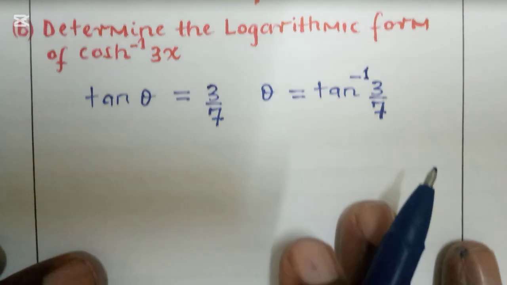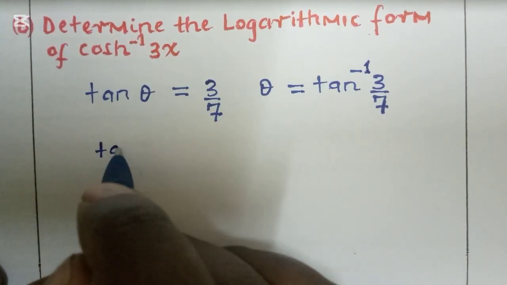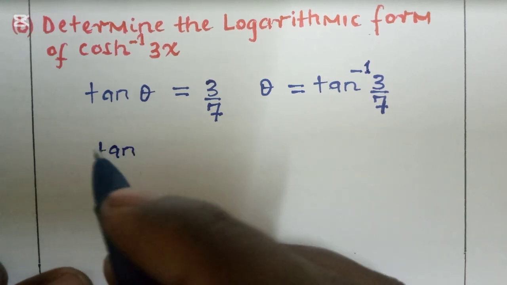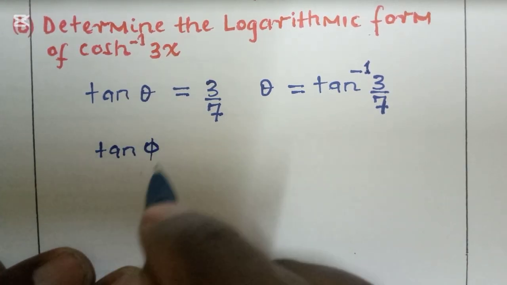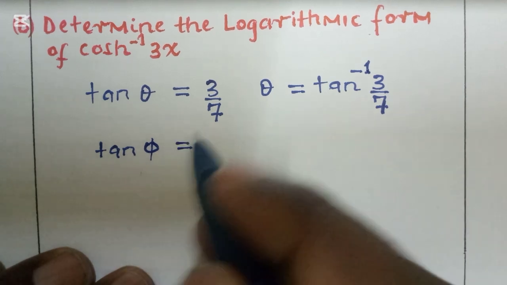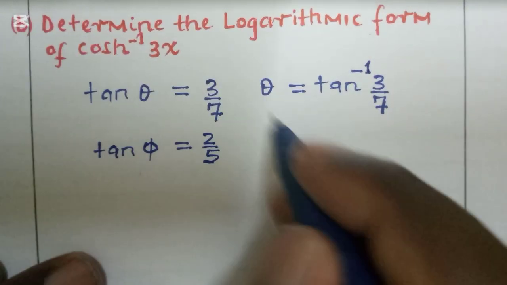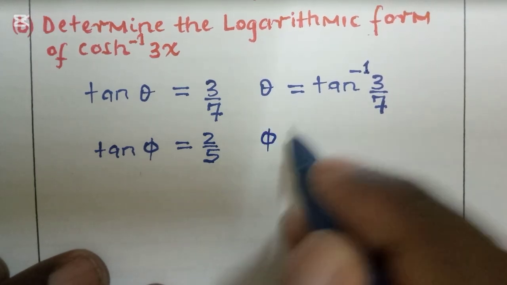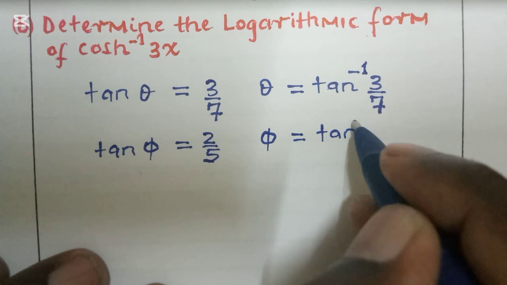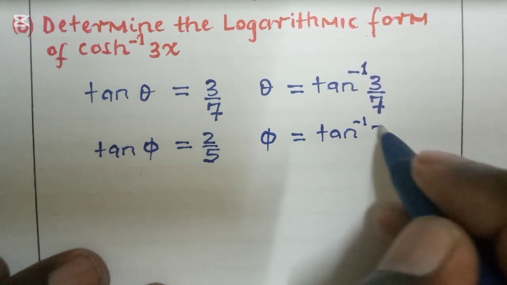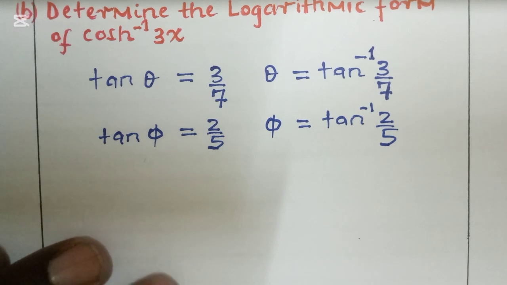Coming to the second term, let's choose another angle because this is different. Phi is equal to 2 over 5, so phi is equal to tan inverse 2 over 5.